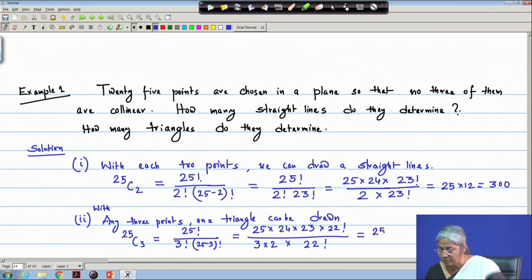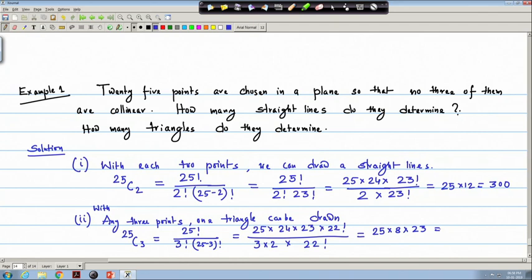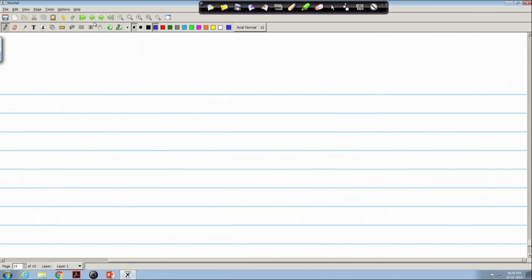So, this becomes 25 into 8 into 23, which is 4600. So, we can see how directly we can apply the formula of combinations.